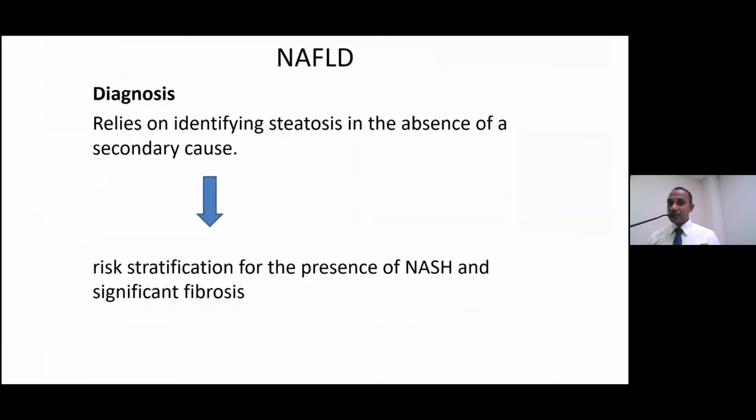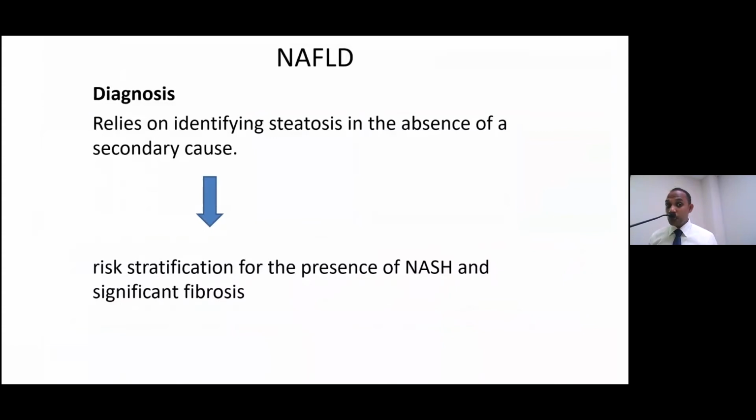So diagnosis of non-alcoholic fatty liver disease is actually twofold. First thing is identifying the steatosis, so that we know that they have got non-alcoholic fatty liver disease. So there are a set of things we do to find out whether the person has got steatosis, or in other words, non-alcoholic fatty liver disease.